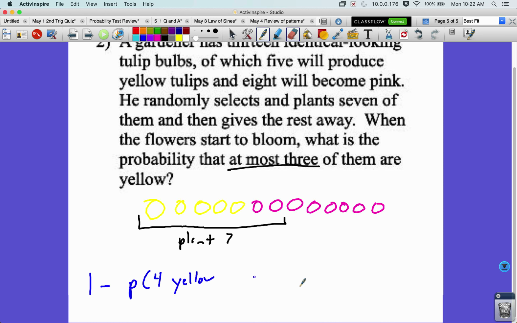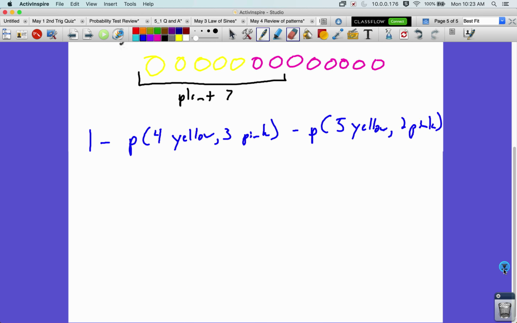So 4 yellow, and in that scenario, 3 would be pink. We'll do that. 4 yellow, 3 pink, minus the probability of 5 yellow, 2 pink. All right, let's try to do this with combinations. So probability that 4 yellow, 3 are pink.